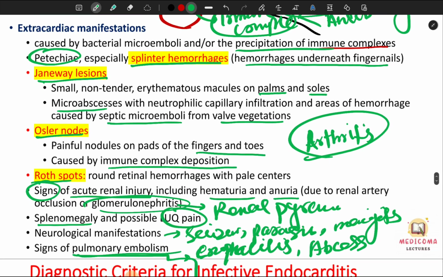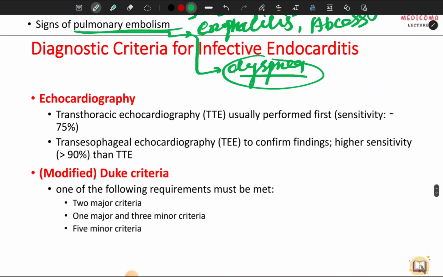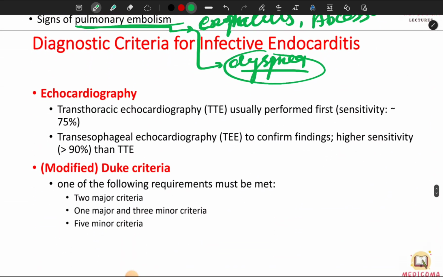Next we will discuss the diagnostic criteria of infective endocarditis. So how can we diagnose? First of all, we diagnose through laboratory tests. What are those lab tests we can do?